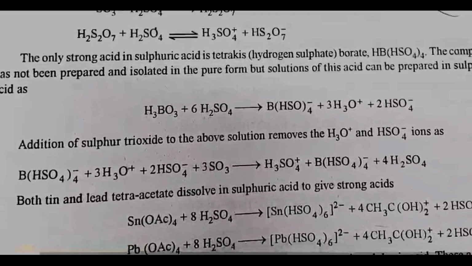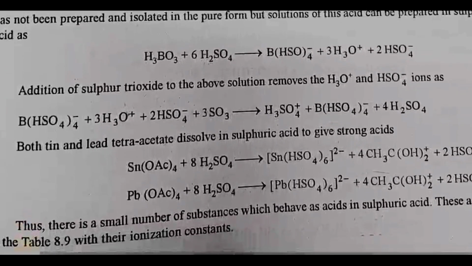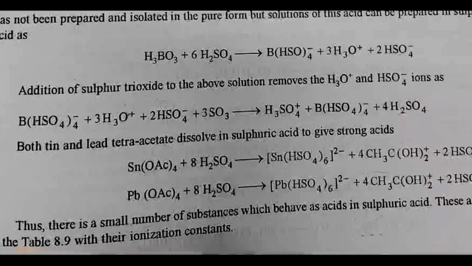The only strong acid in sulfuric acid is tetrakis(hydrogen sulfate)boric acid, HB(HSO4)4. The compound has not been prepared and isolated in pure form, but solutions of this acid can be prepared in sulfuric acid as H3BO3 + 6H2SO4 ⇌ B(HSO4)4− + 3H3O+ + 2HSO4−.